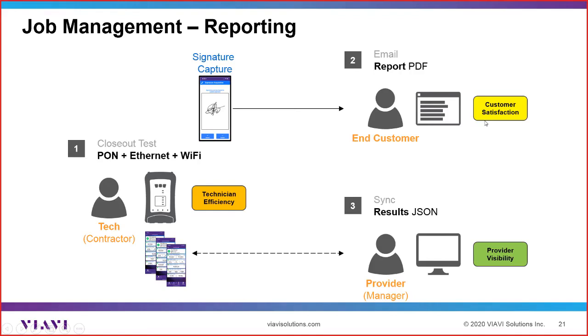So the customer has a report, knows that the job has been well done, sees that everything has been taken care of, and at the same time, the manager and the service provider have visibility of all the tests that have been performed and can start doing some big data crunching, so over time they can improve their current process and delivery.